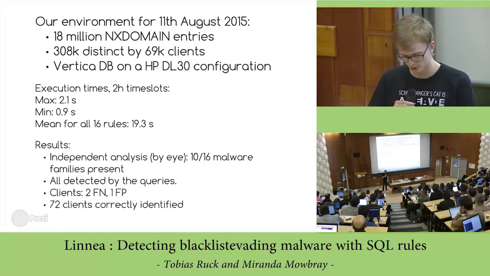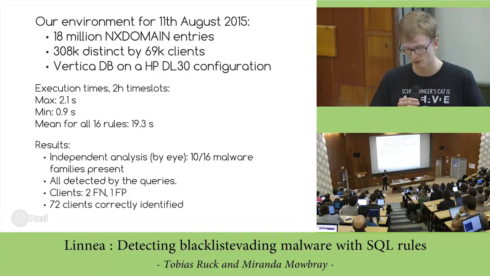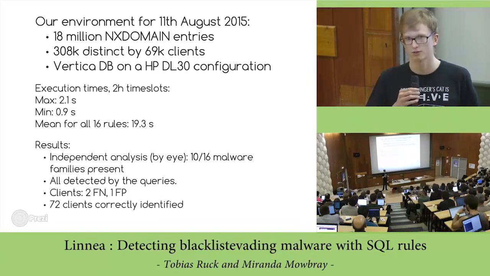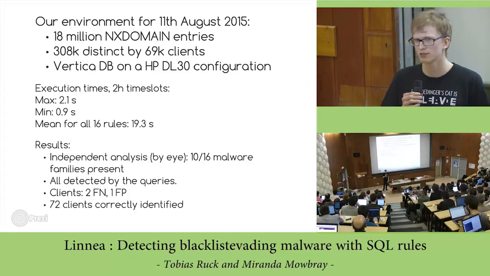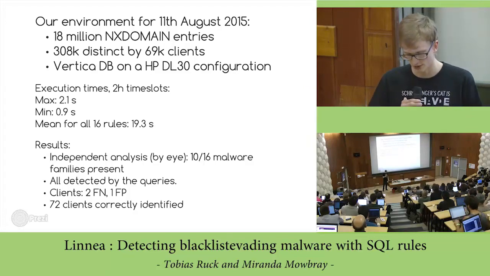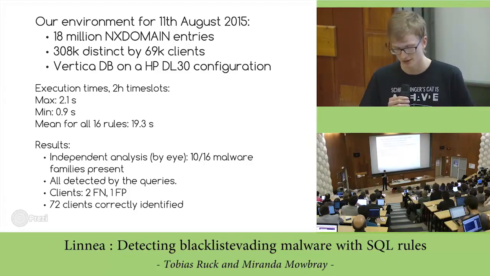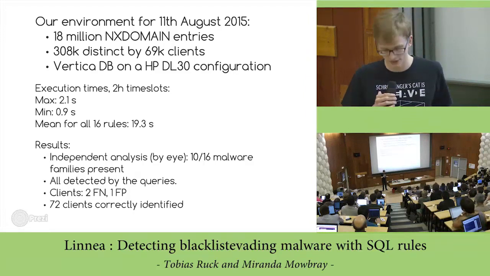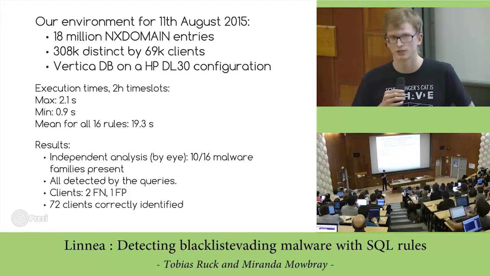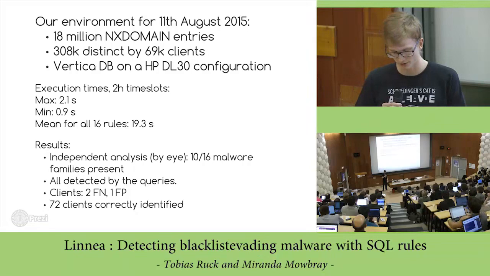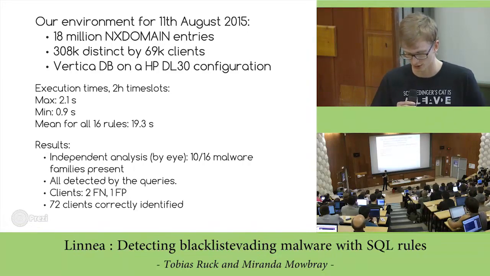If you want to explain the performance, since the performance is actually pretty high: for 2-hour time slots, we have 2.1 seconds for the slowest query and 0.9 seconds for the fastest query. That is, if we run all 16 rules consecutively, we need 19.3 seconds in total.